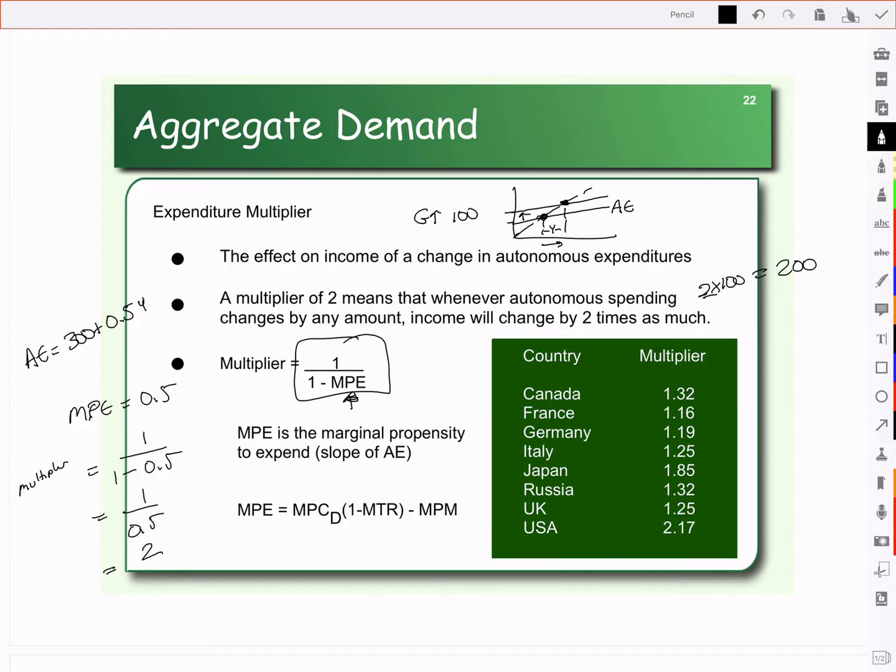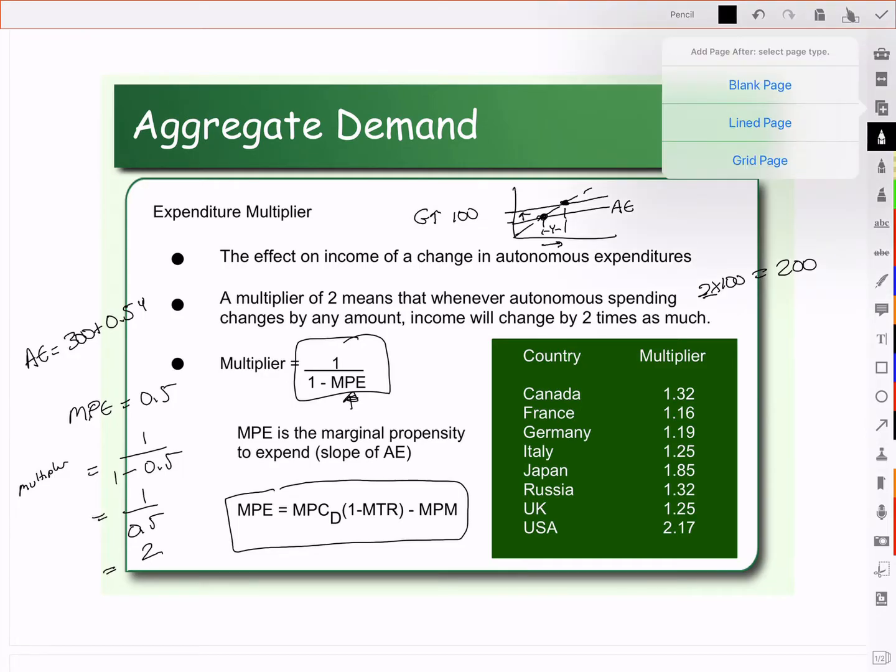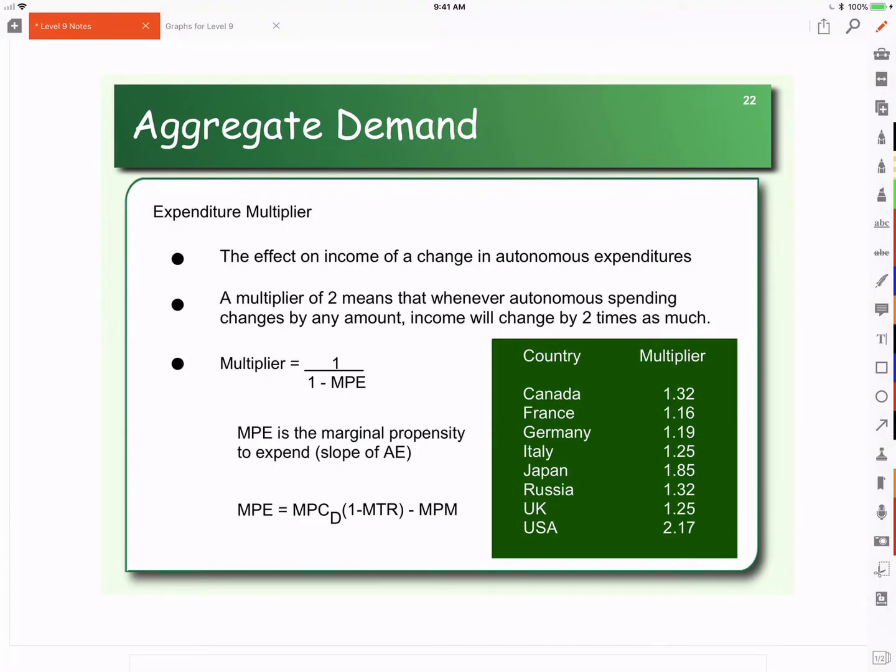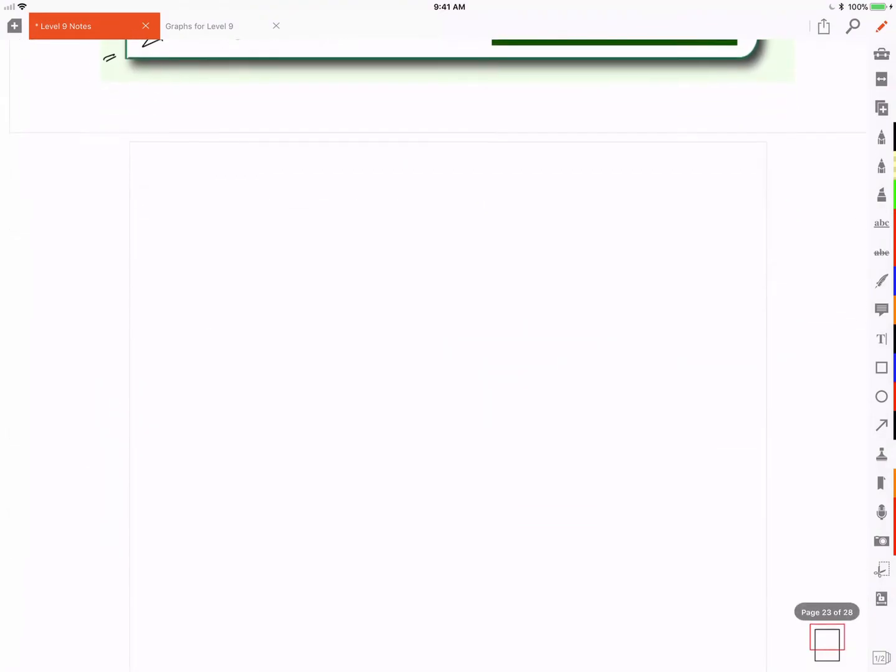Now there are other ways to find the MPE. We can also find the MPE with this formula here: the marginal propensity to consume of disposable income times 1 minus the marginal tax rate, minus the marginal propensity to import. So let's make a list of all the formulas we've come up with so far.